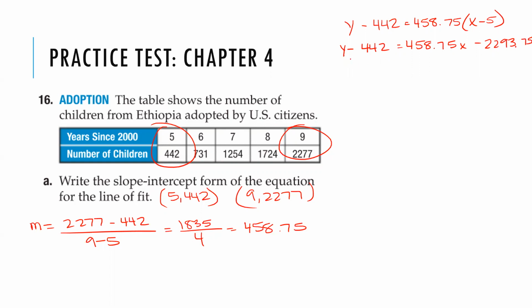And then I'm going to add 442 to both sides. So this ends up being y equals 458 and 75/100 x minus 1,851 and 75/100.